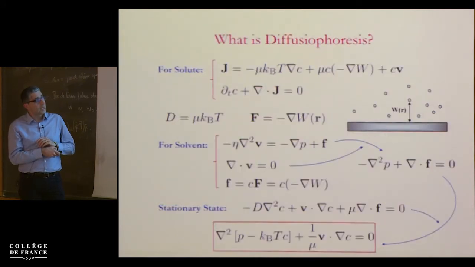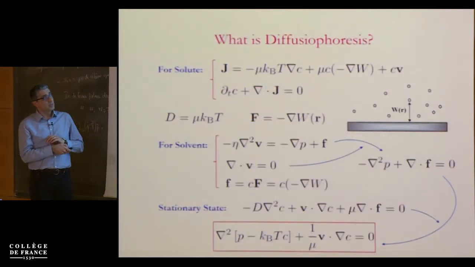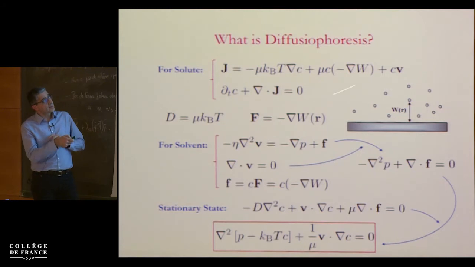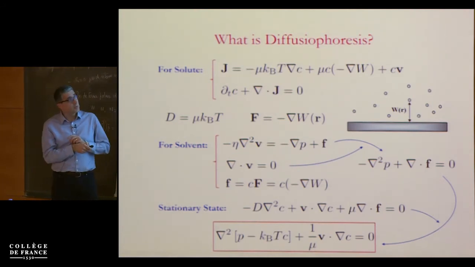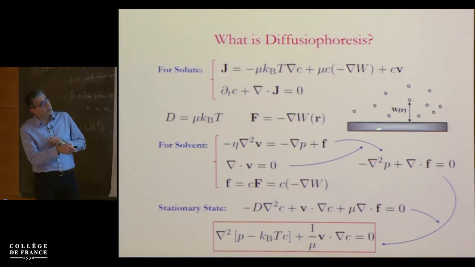So we can work that out essentially by looking at conservation of the number of solute molecules in the solution with a concentration C and a flux which comes from the diffusion part, Fick's law, from the drift part, which has in it the interaction between the solute molecules and the surface of the colloid, and advection by the fluid.